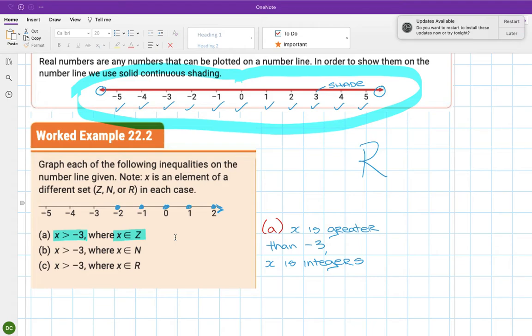Okay, so we have -5. Okay, that'll do. Keep it exactly the same.